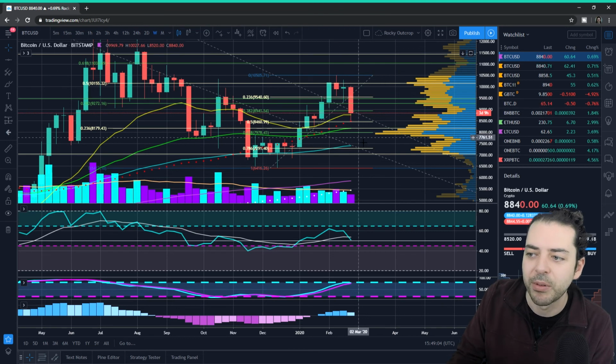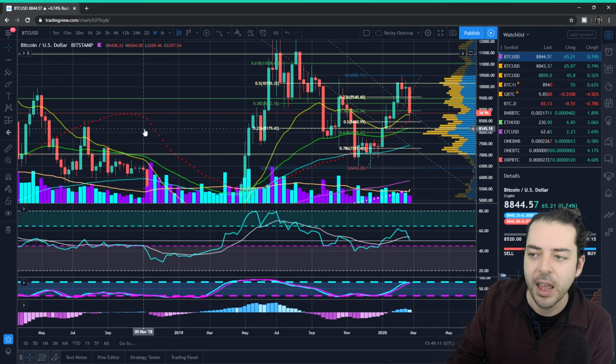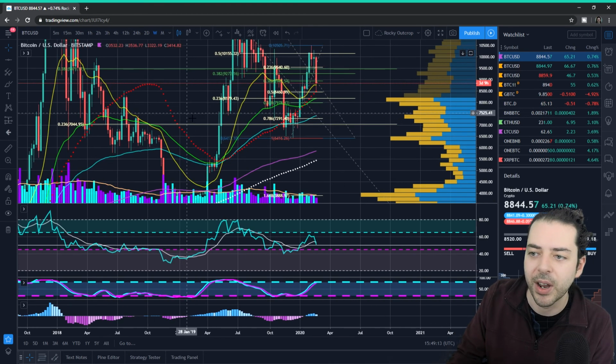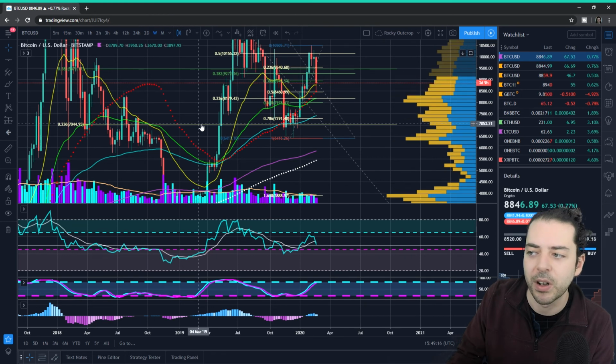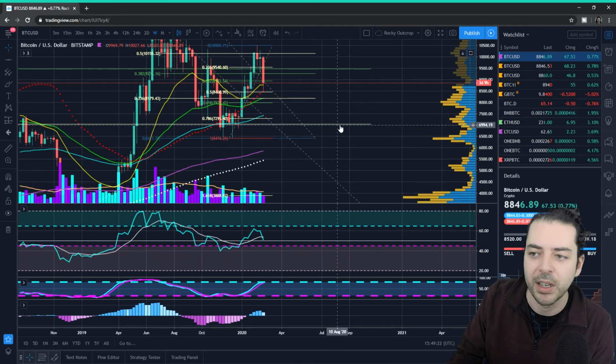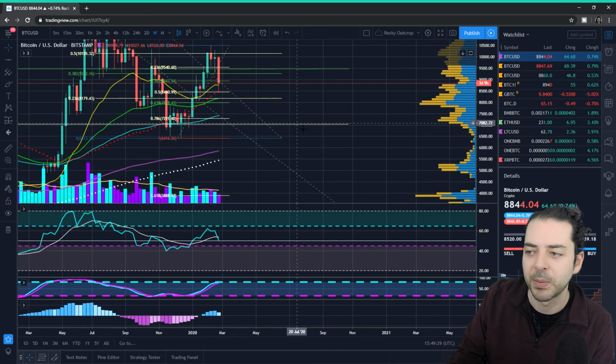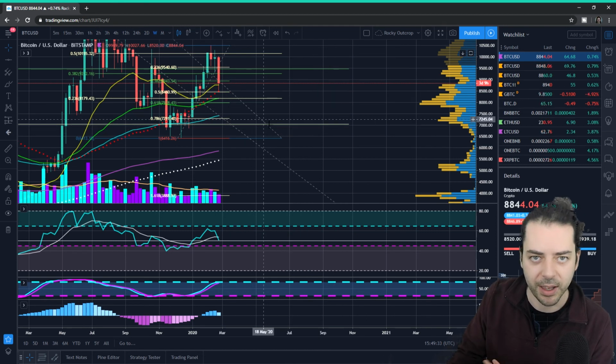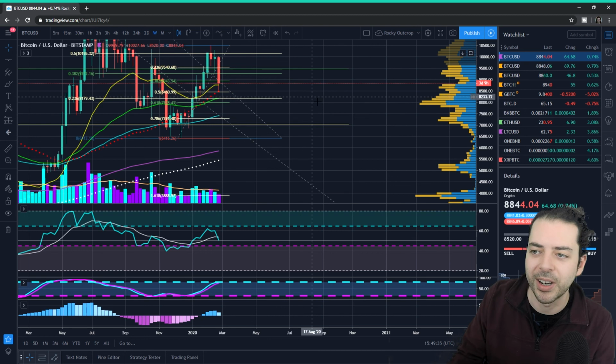And my final point would be that if it did go past the 618 and all of those other areas, and of course you'd be going past the 236 there, you could be in line to then try the 236 from the overall bigger Fibonacci retracement, which is all the way down at 7,000. There are obviously other areas in between that you could look out for, for instance the 786 of this Fibonacci retracement, but just be aware from a risk management point of view that's where it could potentially end up going. And of course the inverse of that applies if you're shorting it, and that's what you're looking for.